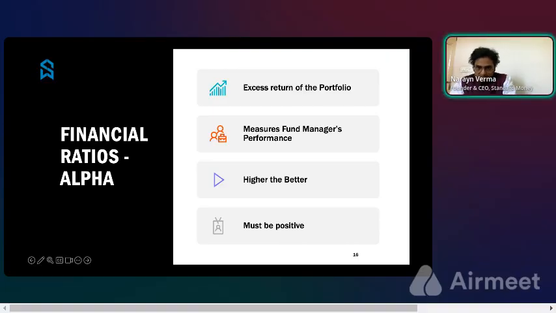Obviously, the higher the number, the better, and yes, it has to be positive. So when you're comparing two funds and looking at alpha, the fund with a higher alpha is the better performer. But that's not the only thing. Let's move on, there are other factors also.